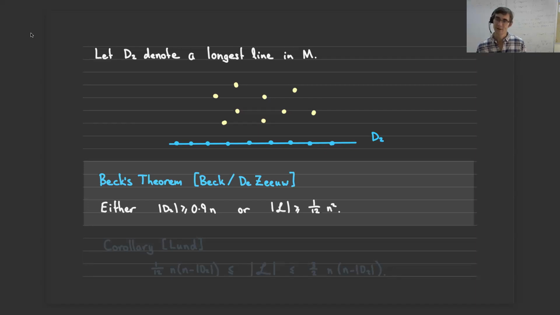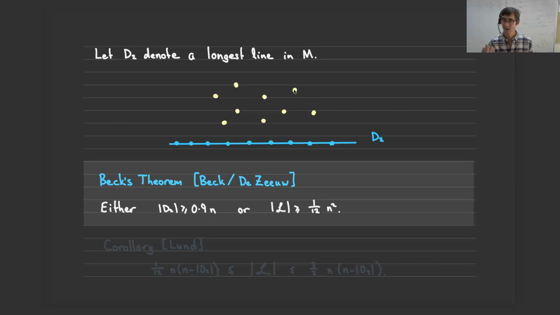But if the longest line contains 90% of the points, when you take a yellow point off the line and you look at all the lines through it, so you fix one of these points off the line and you look at all the lines through it, not many of those lines that go through a blue point can contain another yellow point. So most of the lines are going to be 2-point lines.